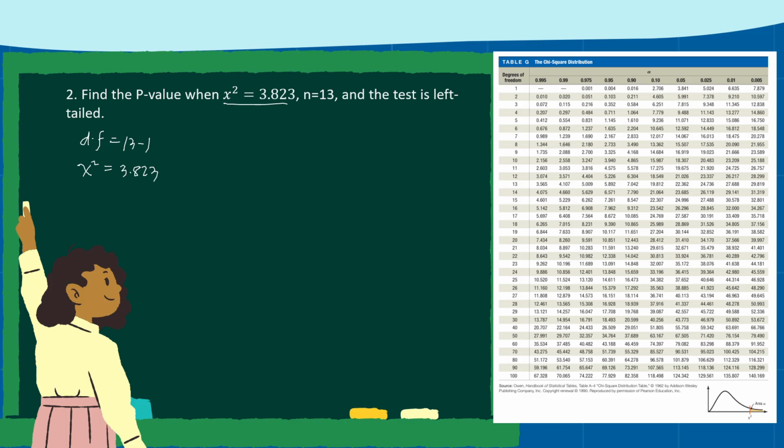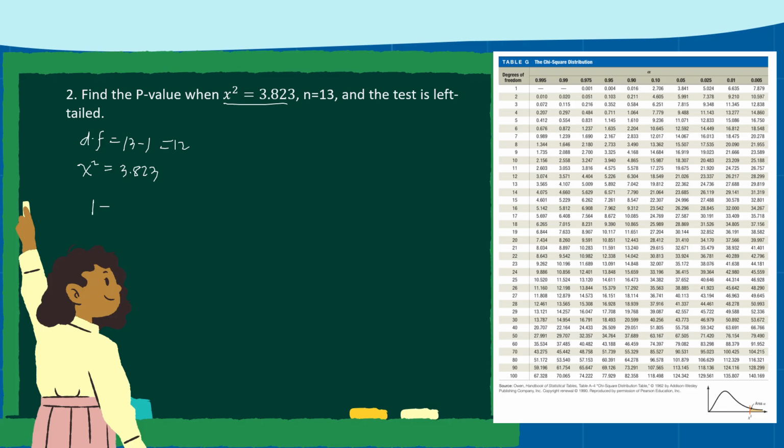So it is a left tail, so we will subtract from 1. To get the p-value, look across df equal to 12 and find the two values that it falls between.